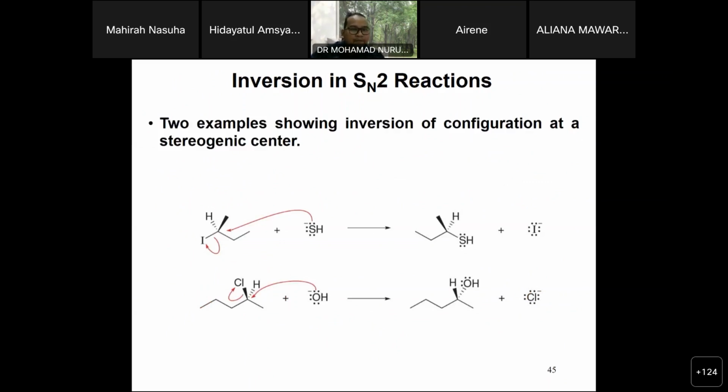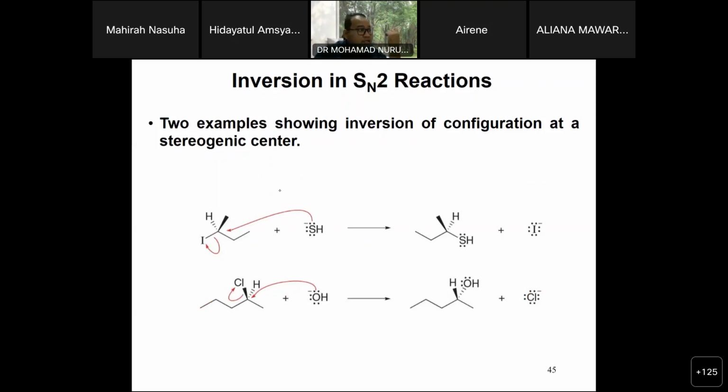Okay. In SN2 reactions, I just revised whatever we discussed about this one. In SN2 reactions, there are two examples showing the inversion of configuration, which is referred to as the stereogenic center.